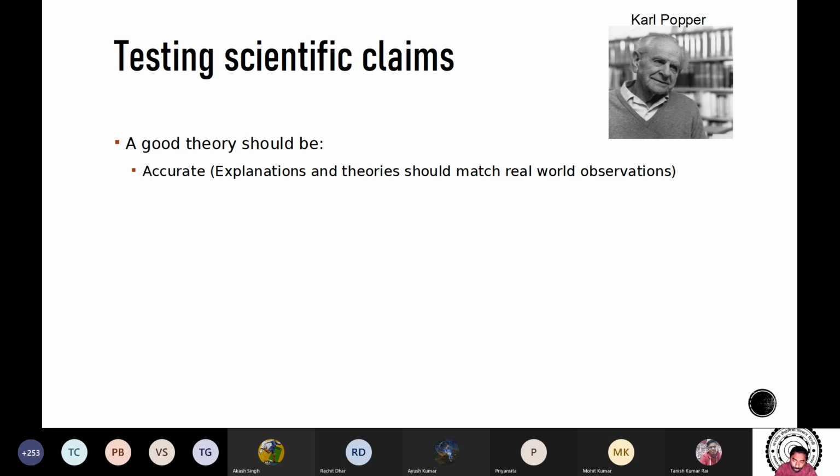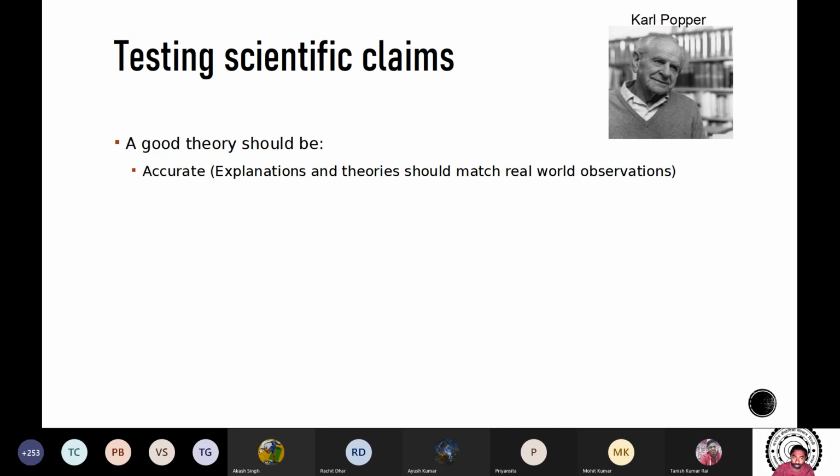To be able to do it, you should also end up saying what a good theory is. So according to him and many other people, a good theory must be accurate. Accurate means it should really match real world observations. So it should predict, and we should be able to match its predictions with real world observations. And what it predicts of previous data should match the previous data. That's why it's accurate.